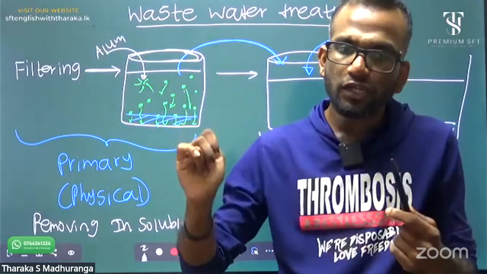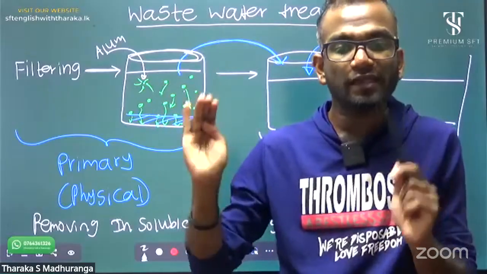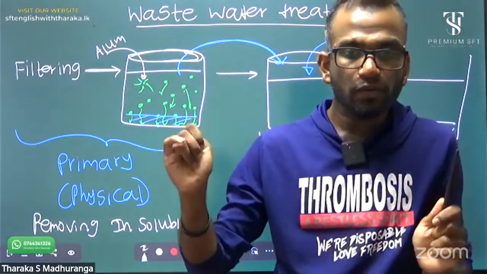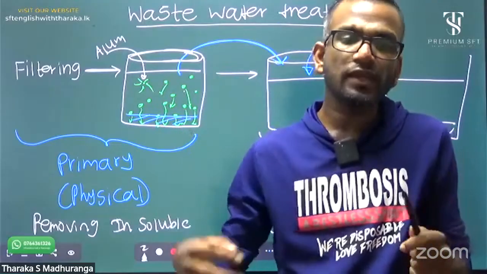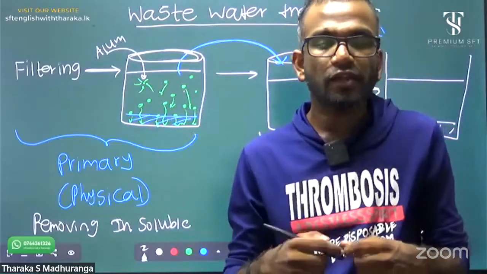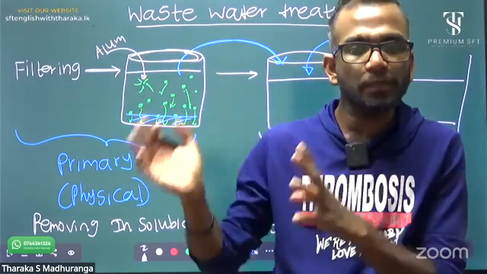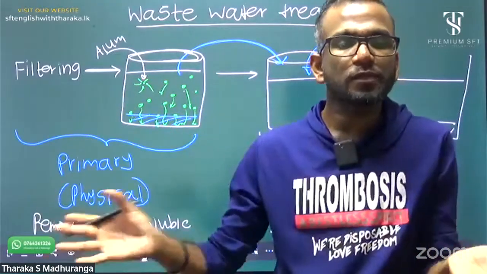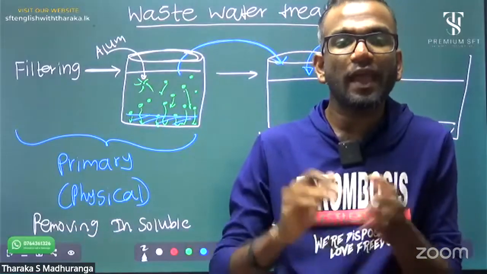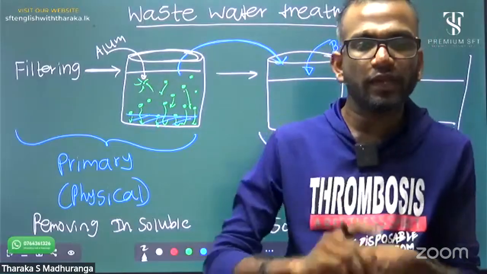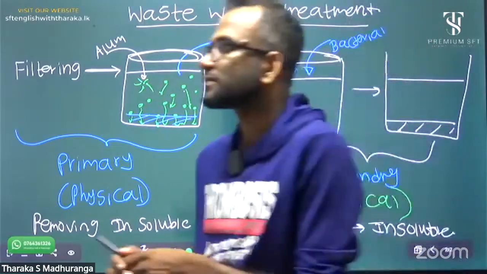The tertiary treatment is a chemical process to remove hazardous microorganisms like Salmonella and E. coli. In anaerobic sludge digestion, all accumulated sludge is pumped into a separate tank and digested by anaerobic microorganisms and used for fertilizer or biogas production. Okay, that's the story. Any doubt?